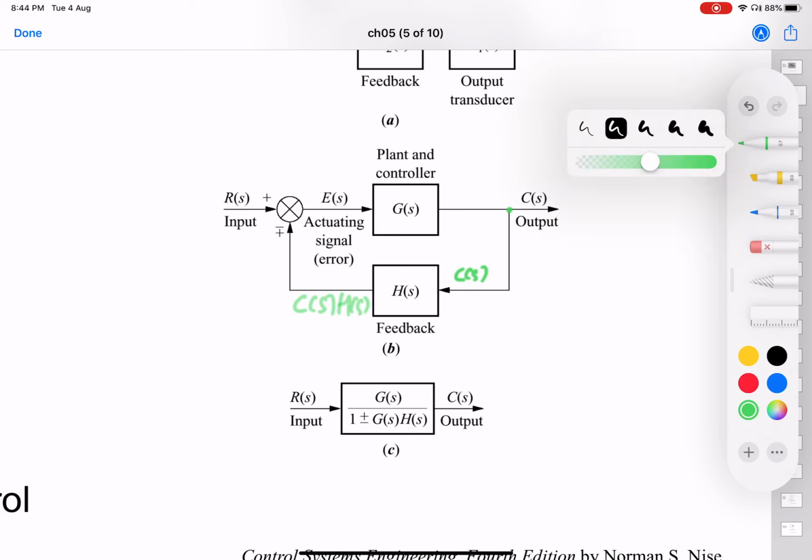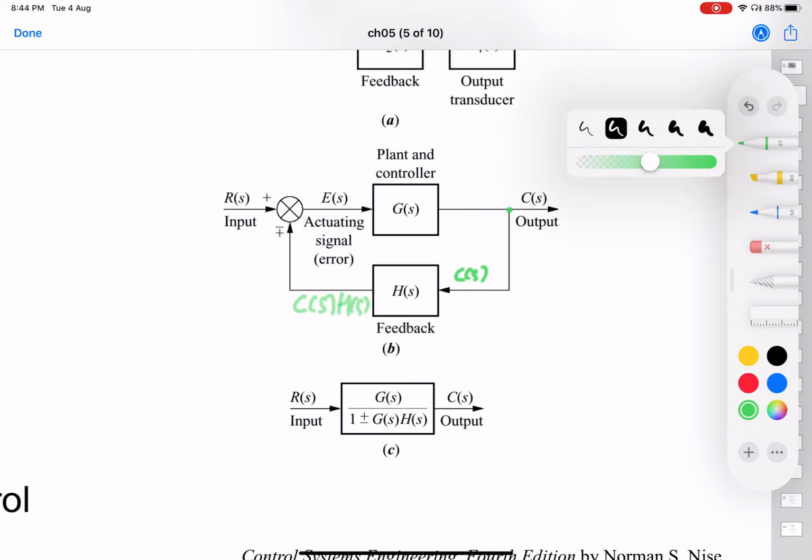And then you're subtracting this Cs into Hs from Rs. So this Es that you're having here is Rs minus Cs into Hs, right? And then this Es gets multiplied with Gs to give you the output signal, which is Cs.